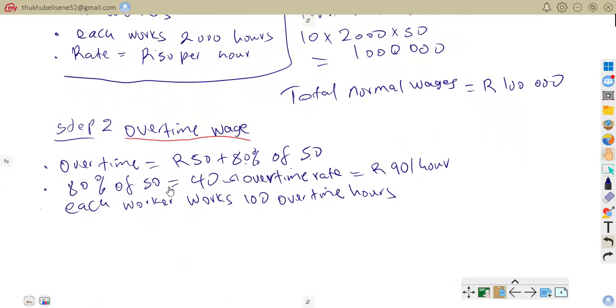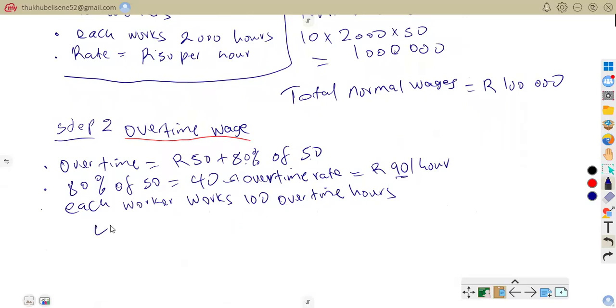So when you say 80% of 50, it is going to give you 40.